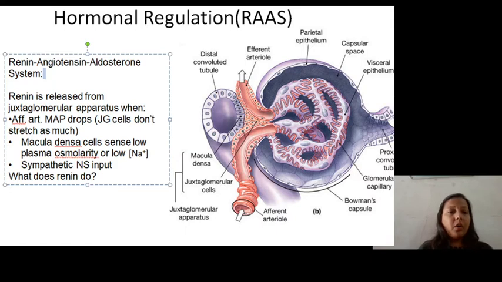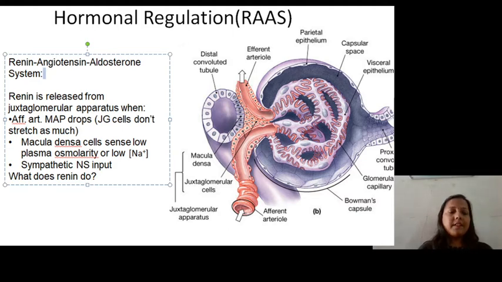In between all these, there are some patches of cells called macula densa cells, and with that some other type of cells called juxtaglomerular cells, and together all this is called the juxtaglomerular complex or juxtaglomerular apparatus.